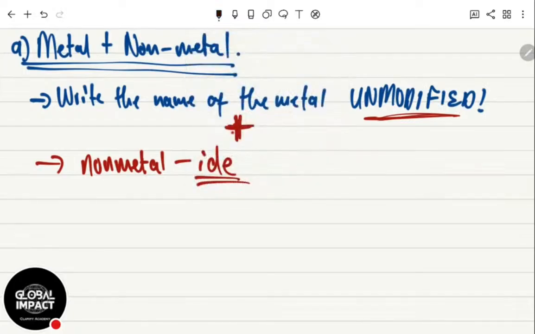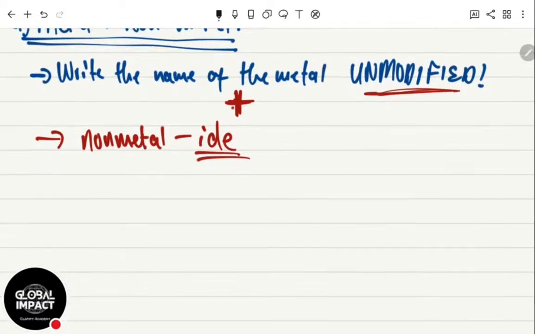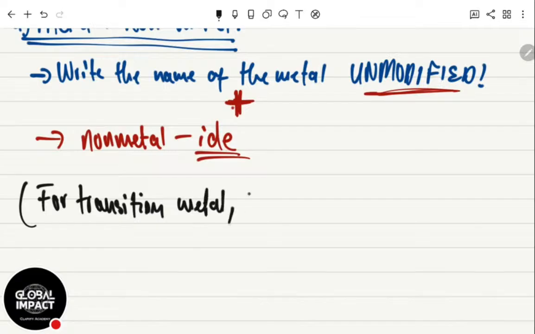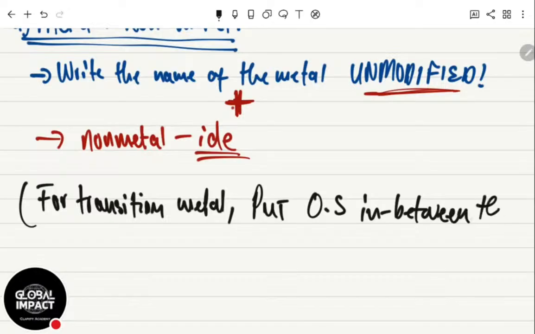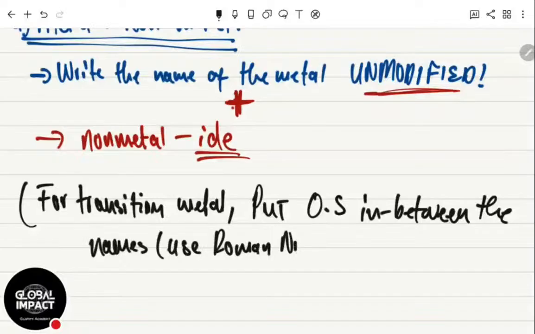We'll see examples for this one. Should I give you an example? We should be quick. But what I want you to say, maybe before I go, is put in brackets, for transition metals, do not leave out the oxidation state. Put the oxidation state in between the names, and use Roman numerals.